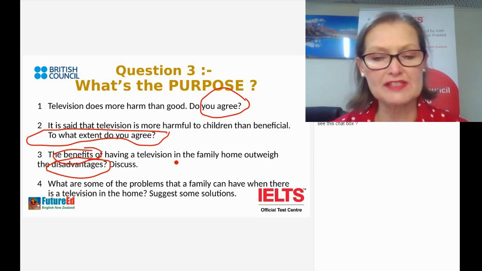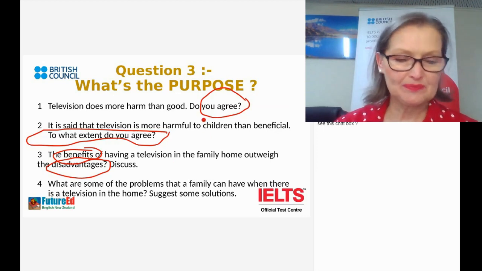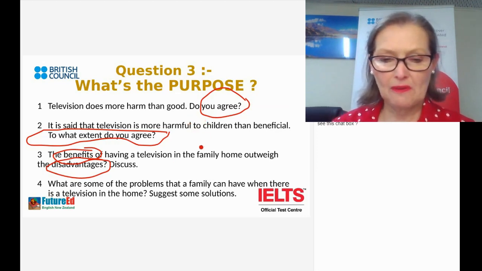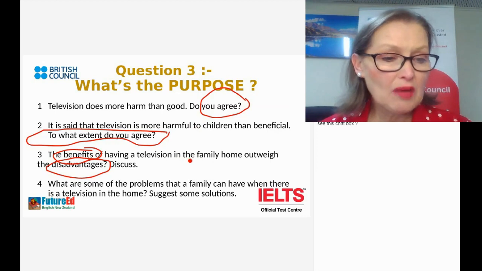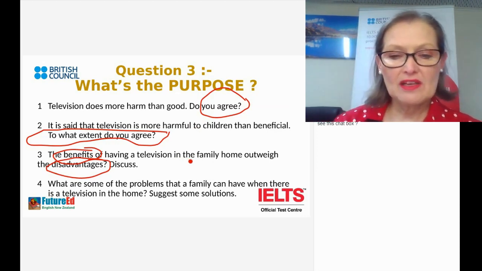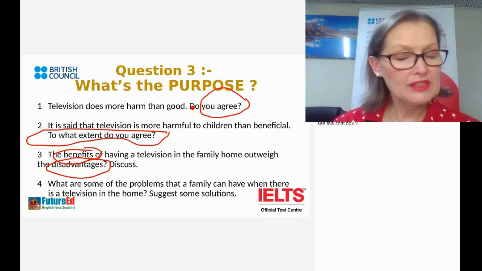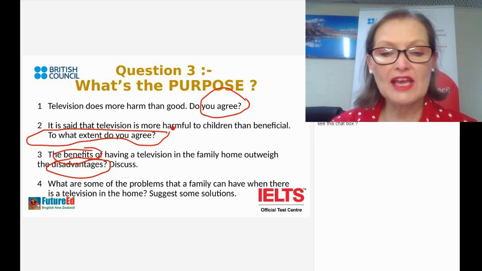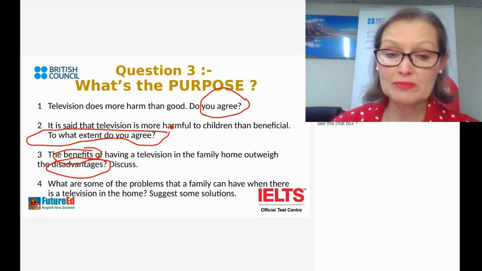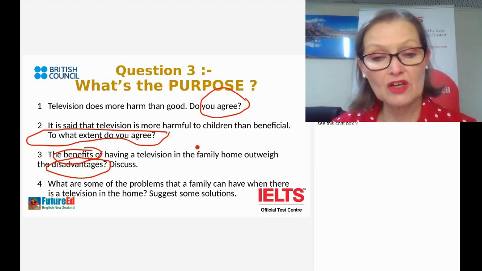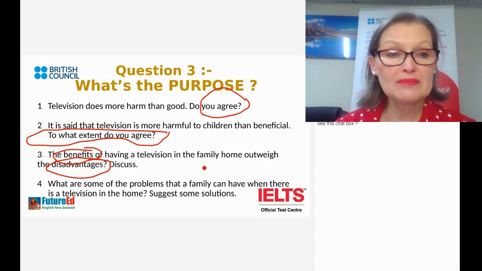Now, what kind of essay am I going to write here? Have a look at these words, benefits. Can you think of another word for benefits? And disadvantages. So my benefits are my advantages, aren't they? So this is another 2-sided essay. Here I need to write about the advantages of having a television in the family home, and I need to counter-argue that by writing about some disadvantages.